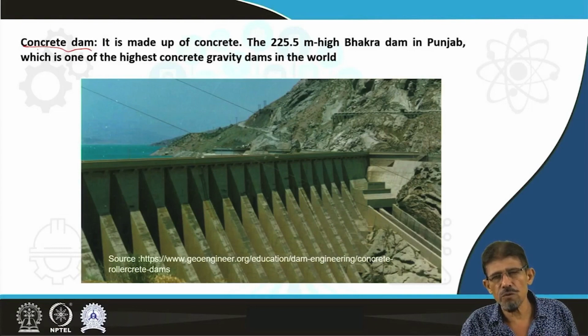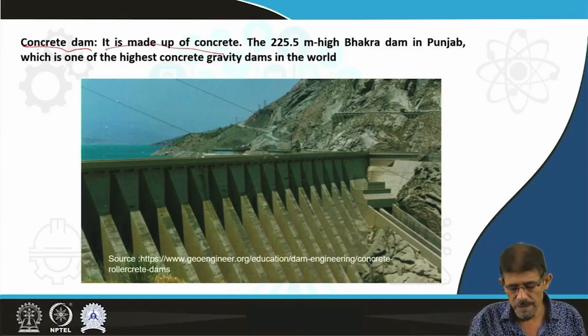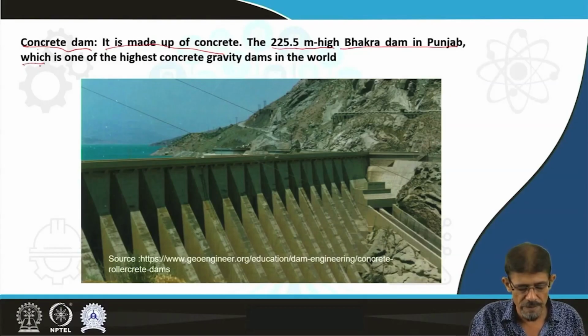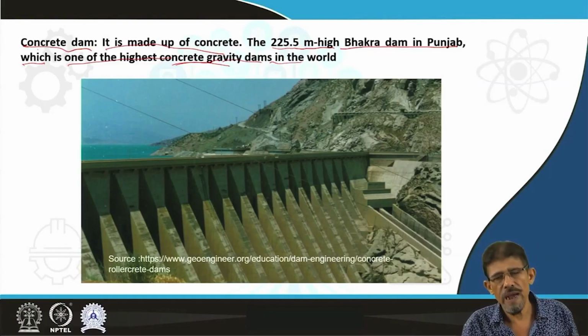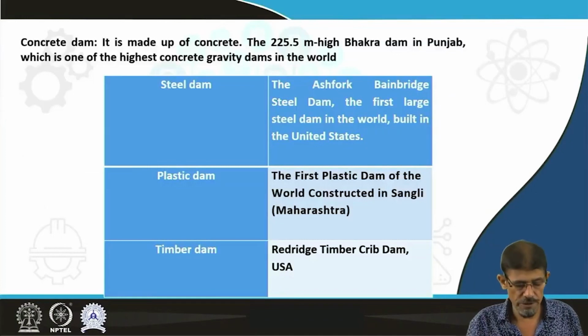Concrete is suitable to provide heavy structure, and this type of dam is considered an engineered structure. One excellent example is the 225.5 meter high Bhakra Dam located in Punjab. It is one of the highest concrete dams in the world as per website information.